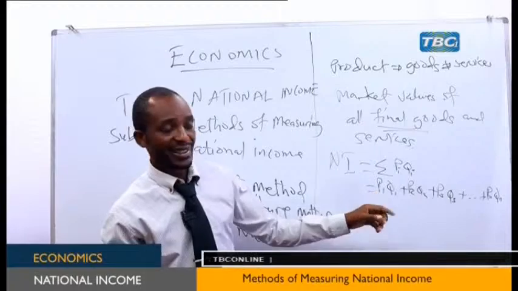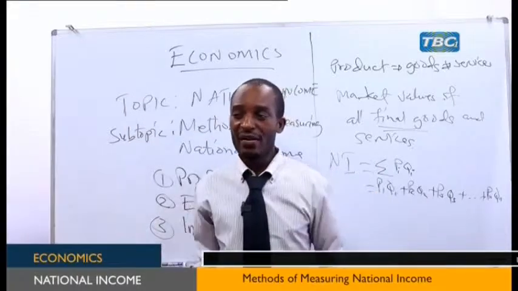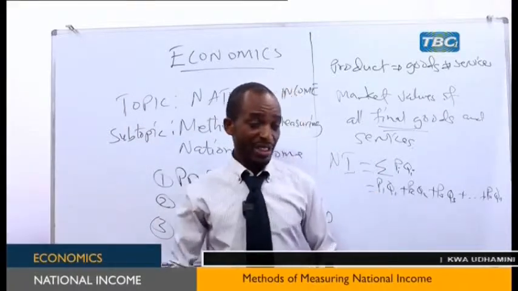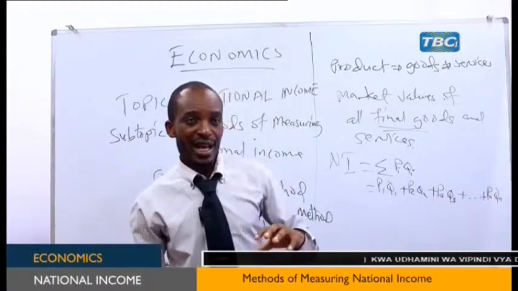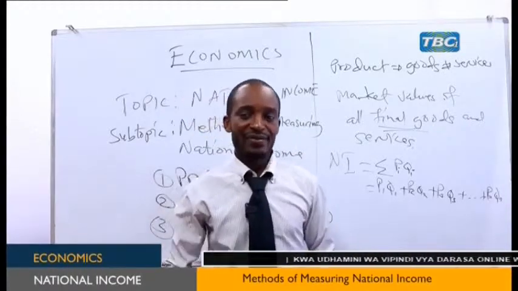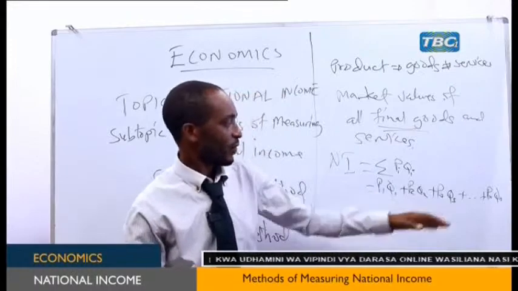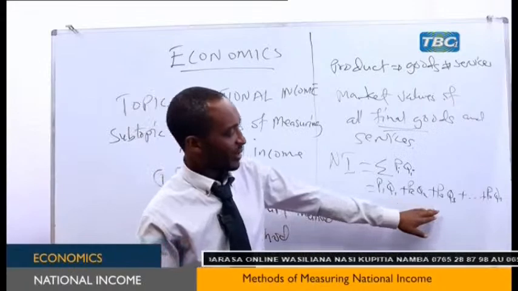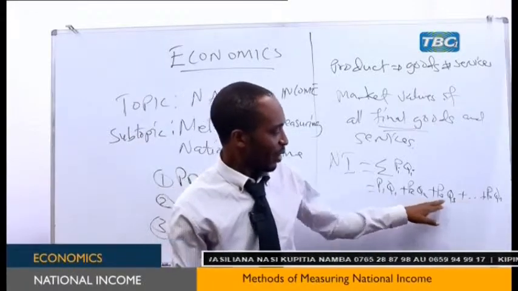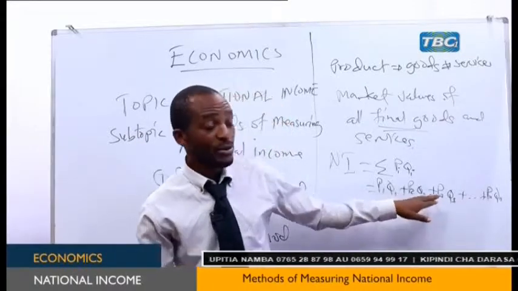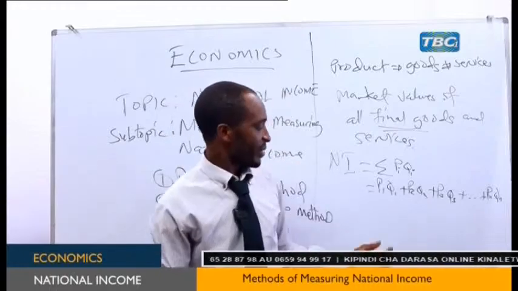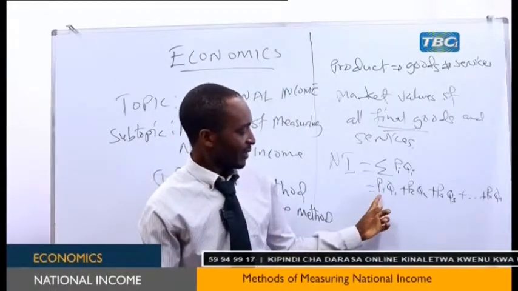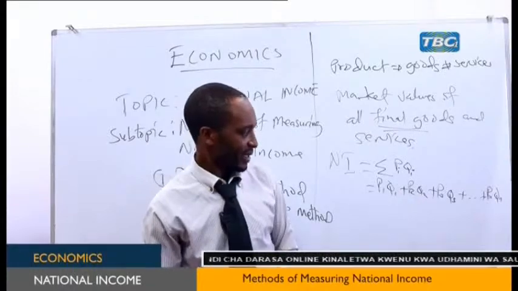So to find the national income, you take the market value. These prices are the prices which prevail in our markets. For instance, the price of sugar, as we know, is about 2,500 and so forth. So by using the product method, the national income will be obtained by summing all these revenues obtained when you sell all the products.